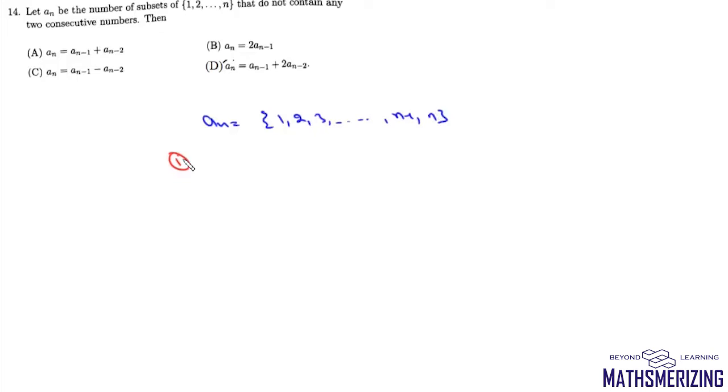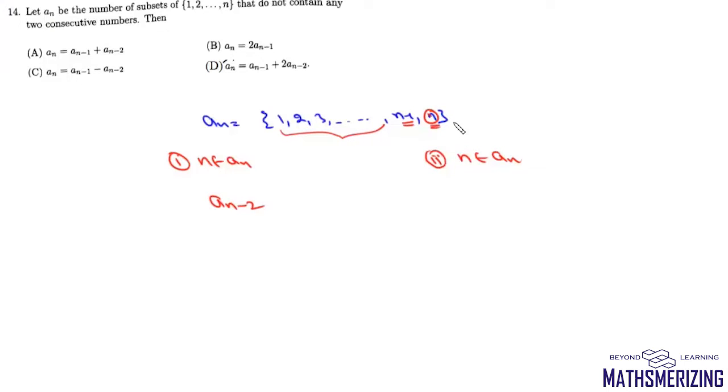Case 1, when n belongs to the subset, and second case when n doesn't belong. Now when n belongs to the subset, then it cannot have n minus 1. So that means we'll need to select subsets from these n minus 2 numbers. So then in that case, the number of subsets will be an minus 2.